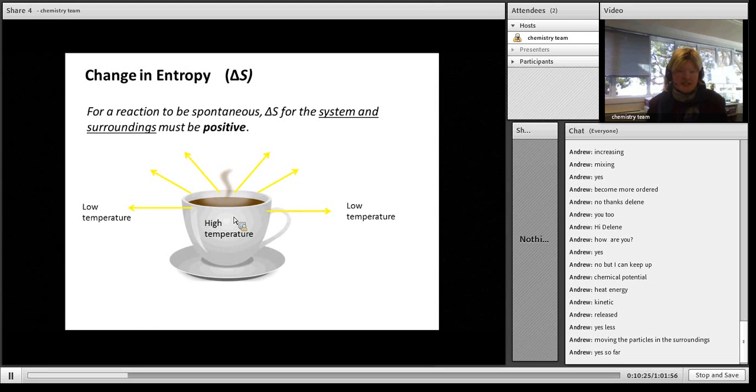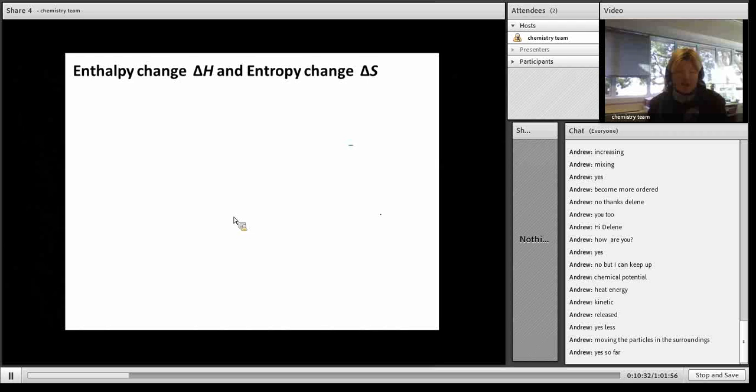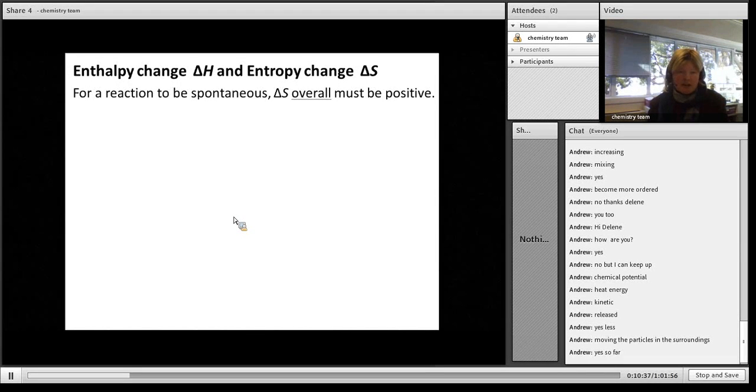So energy has to be taken up. And then we've got that dispersal of energy. And here I've just got what I said about the entropy of the surroundings increasing and the entropy of the system decreasing. So here we're going to compare them.